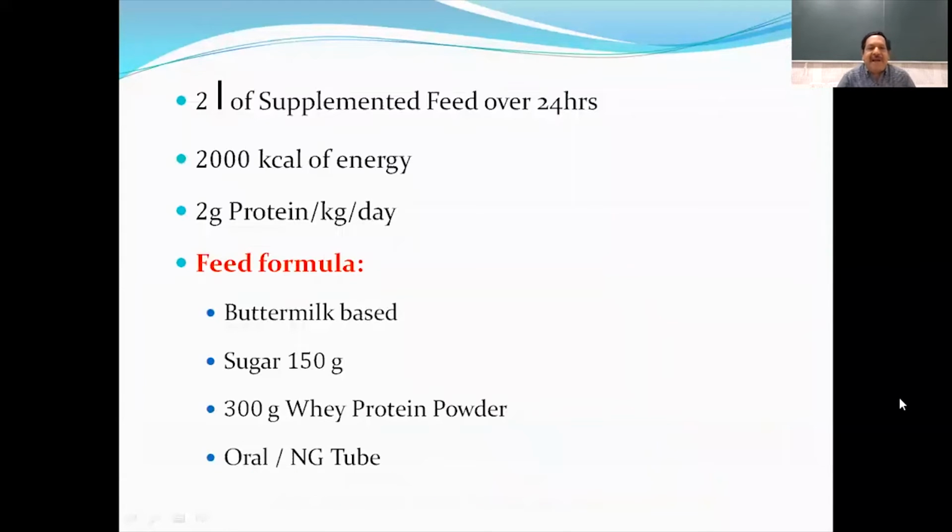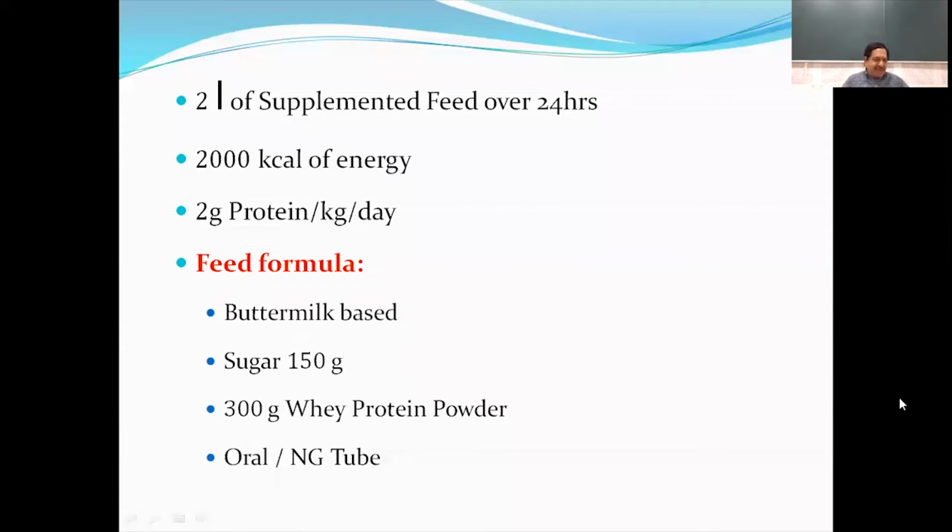Now they developed a feed or a nutritional supplement based on Indian dietary habits. Now 2 liters of supplemented feed over 24 hours. That is supposed to give us 200 kilocalories of energy, and it contains 2 grams of protein minimum per kg of body weight per day. Now the feed formula is Indianized, buttermilk based.